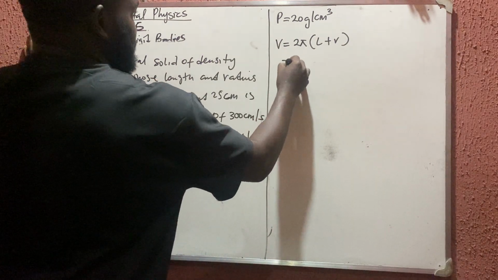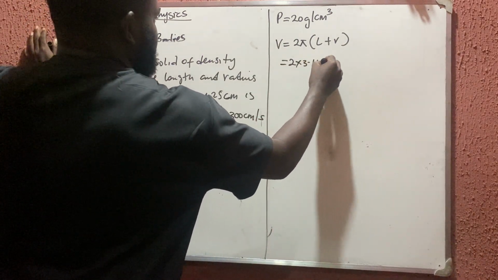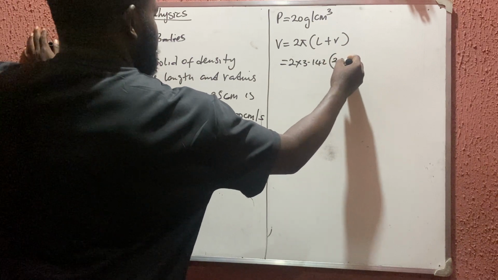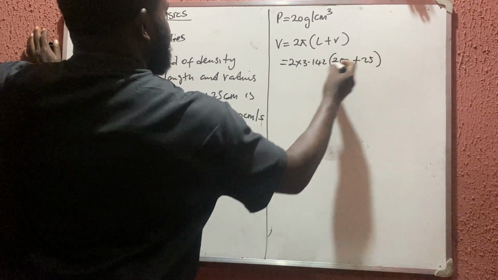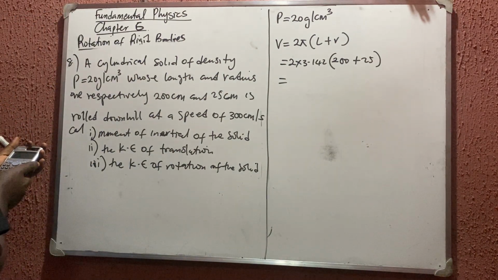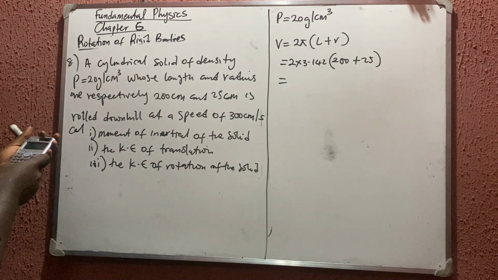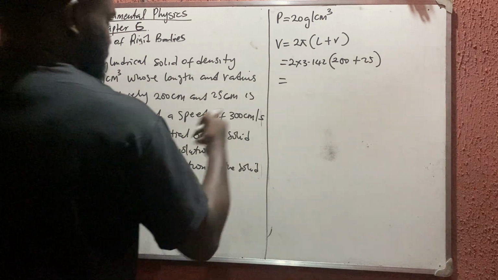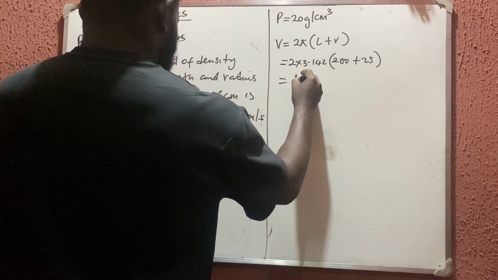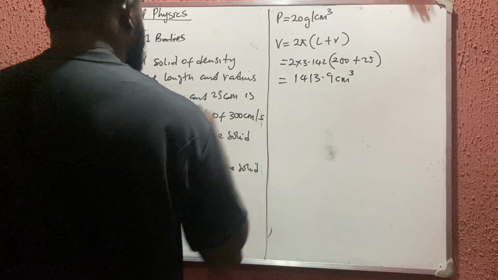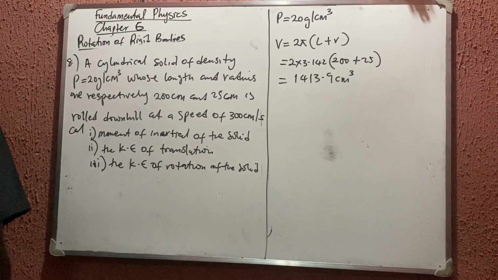So 2 times 3.142 in bracket of 200, the length, plus 25, so 225 times 3.142, then times 2. This gave me 413.9 cm cube.